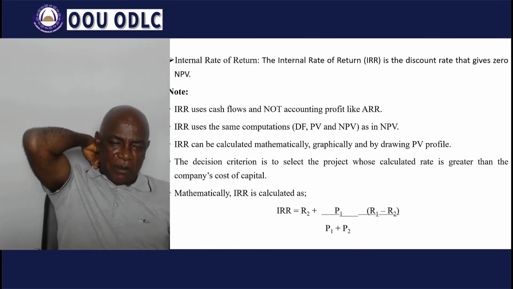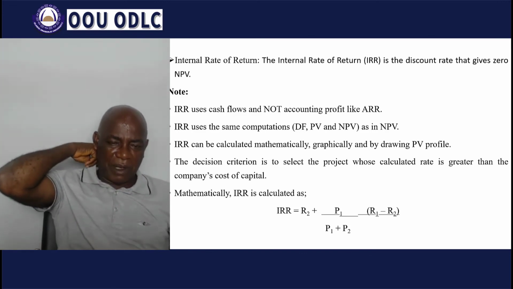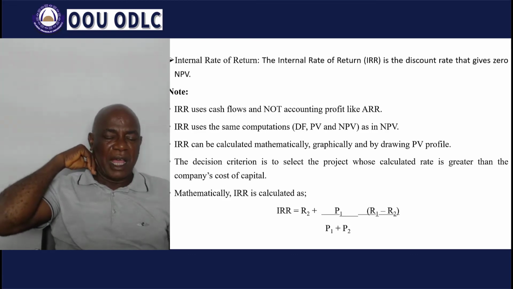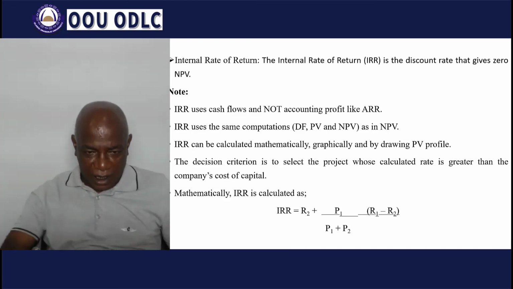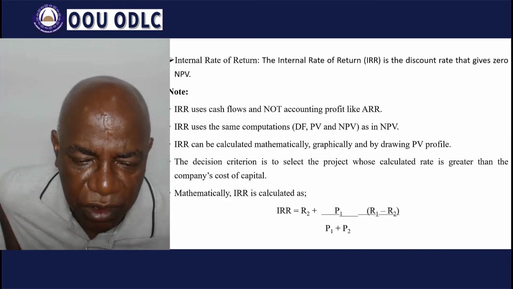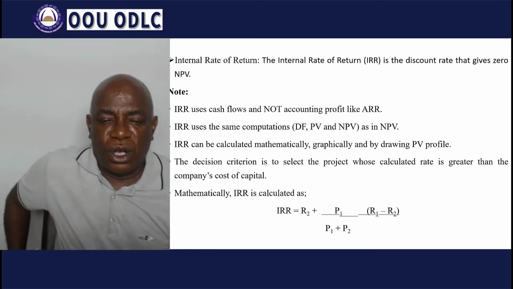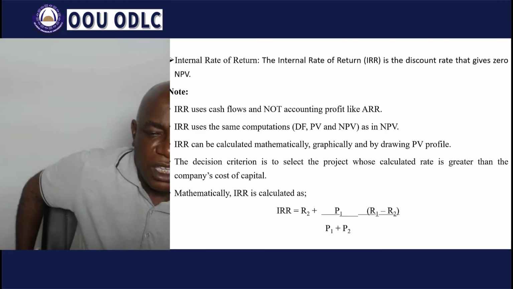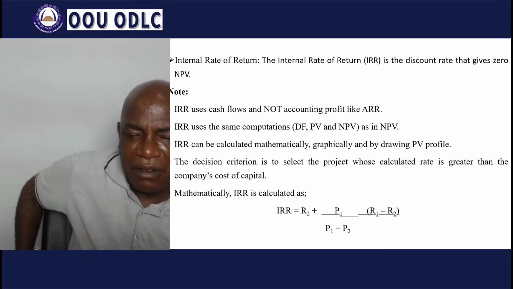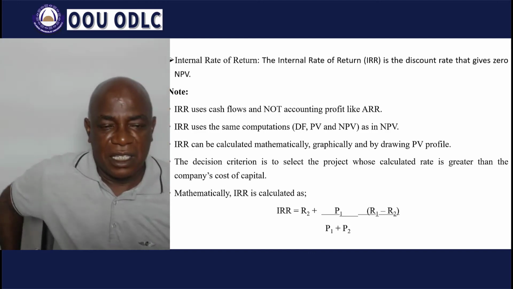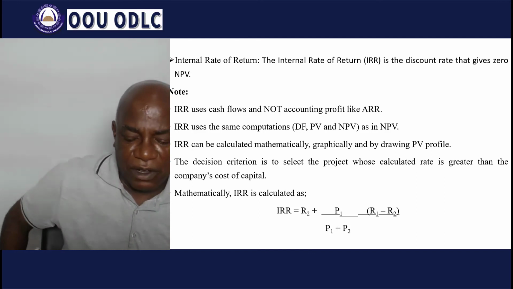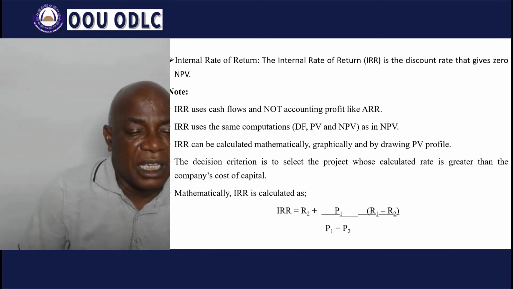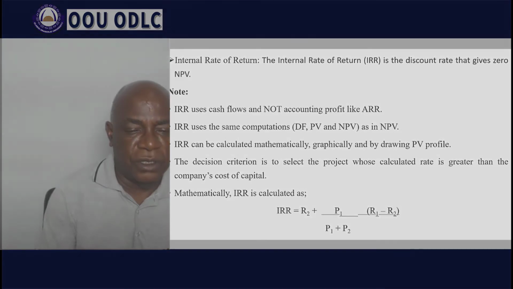And in solving the problem, there is this relationship that is normally used. We calculate the IRR, and the IRR is calculated as R2 plus P1 all over P1 plus P2 into bracket R1 minus R2. That is the simple mathematical formula for calculating the internal rate of return.